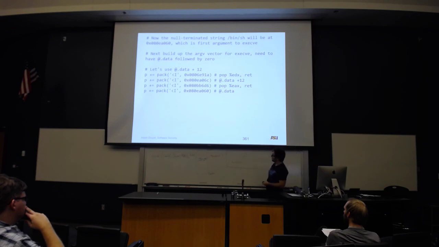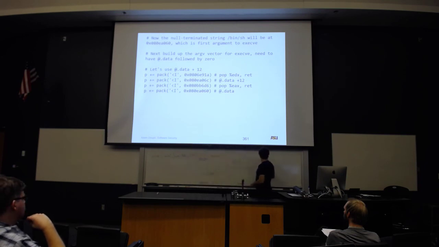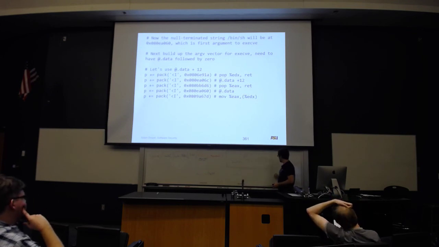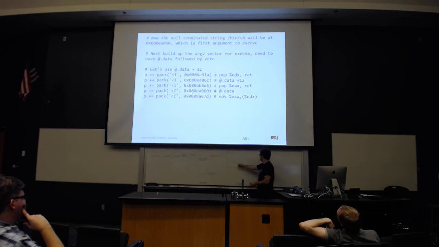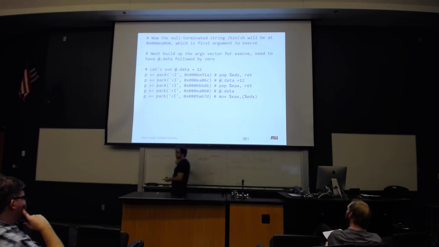And so here we are building this. We're getting an address to that data, which is going to point right here, and we are writing it here. So this now points to /bin/sh, and that's this pointer, the 0th argument to the argv for execve.